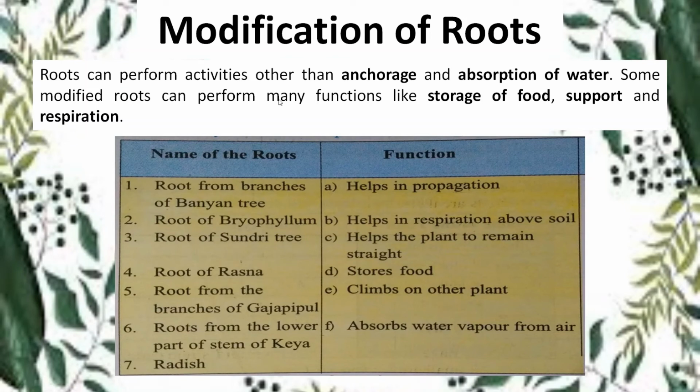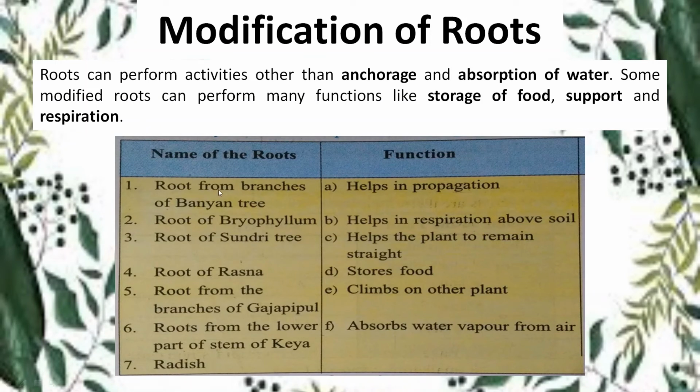Fine. And it prevents soil erosion. So anchorage and absorption of water is the main function of the roots, and some modified roots can perform many other functions also, like storage of food, support and respiration.